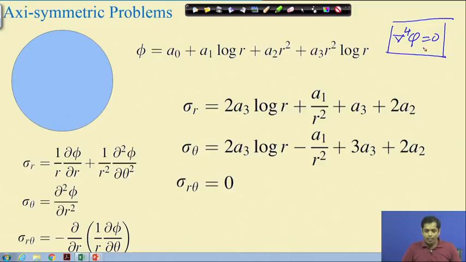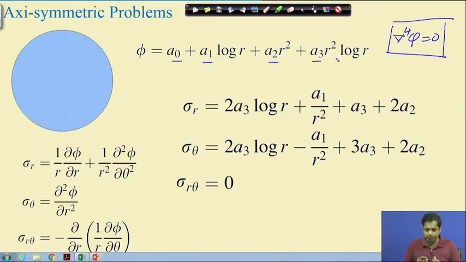If you find that this phi satisfies this equation, then it is a valid stress function. From this phi we can obtain these stresses, and the constants we can obtain by applying the boundary conditions or the information about the problem that we have.